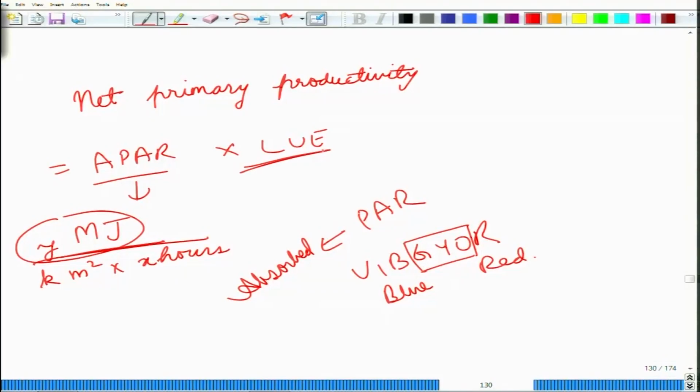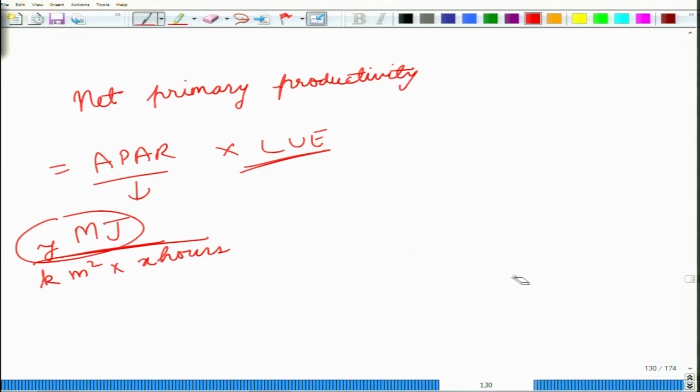Now, light use efficiency is the efficiency of the plants to use this light. In this case, what we are asking is: the plant was able to absorb this many megajoules of energy, and how much carbon was fixed when this energy was converted.